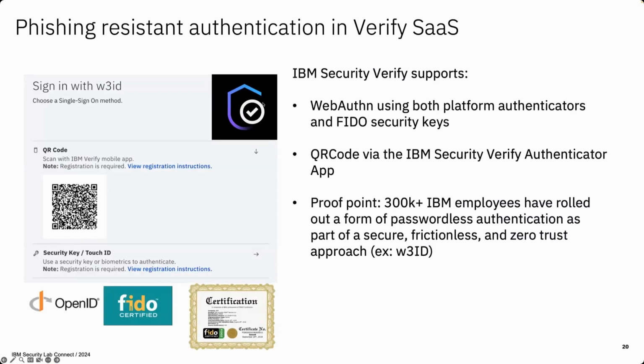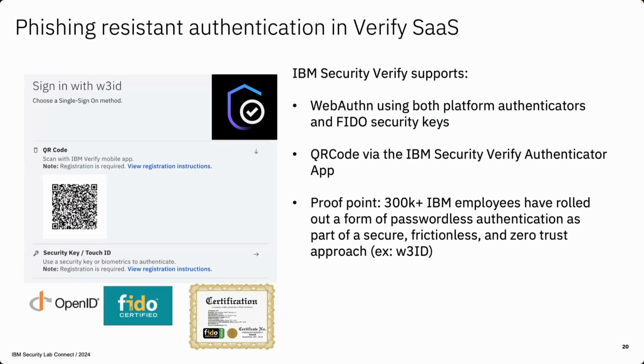So, phishing-resistant authentication in IBM Security Verify. IBM Security Verify supports passkeys and has been supporting that for quite some time. As you can see on the left, this is how we in IBM log in every single day at work, for an employee use case. About 300,000 plus IBM employees have rolled out passwordless authentication across their accounts.